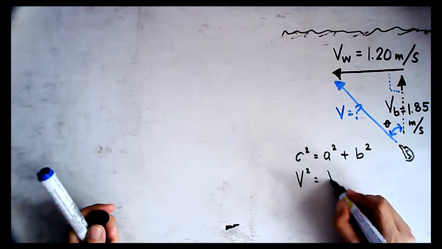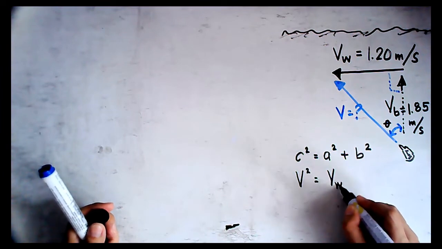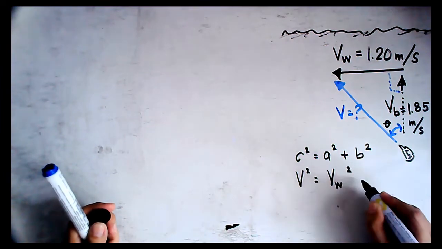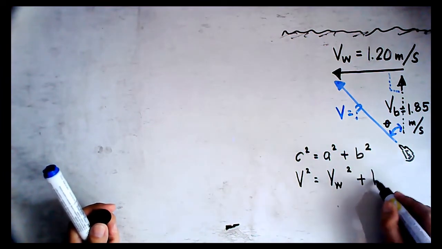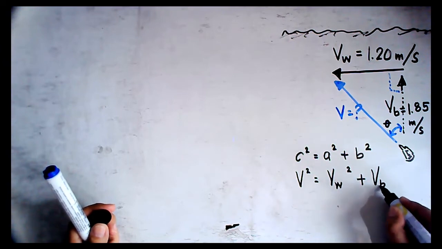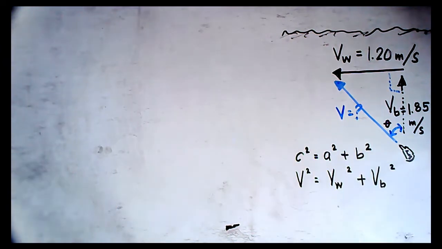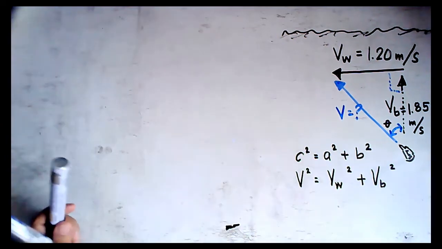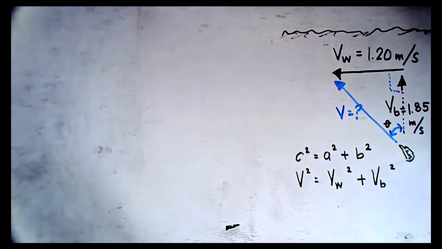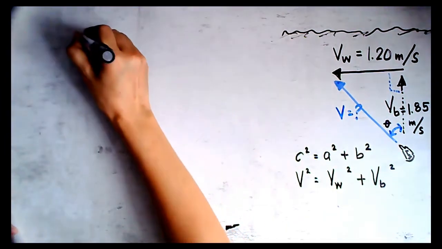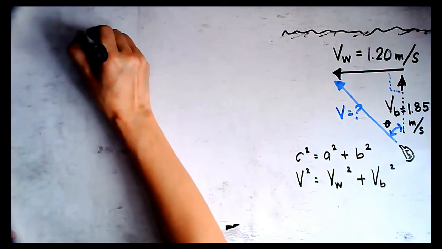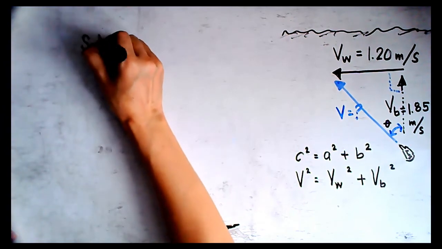So we are going to make use of the velocity of the water plus the velocity of the boat, both squared. So from this formula of the Pythagorean theorem, we can now continue solving for the velocity.